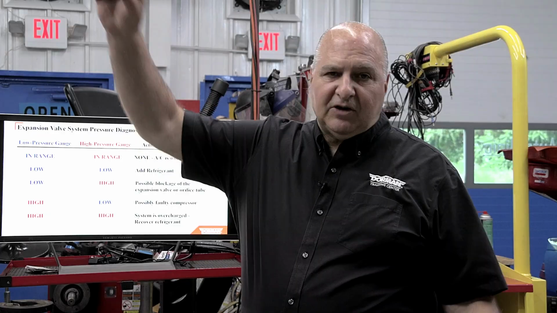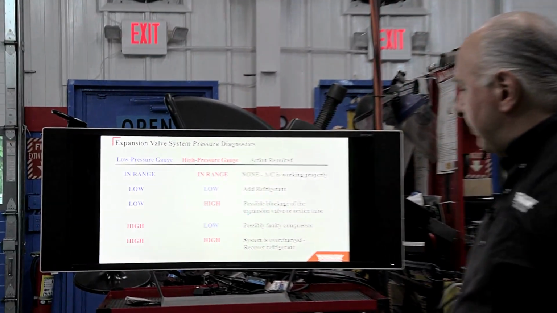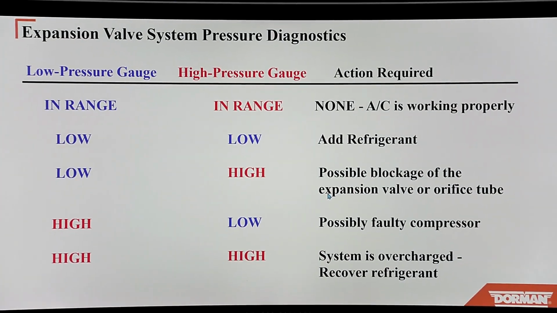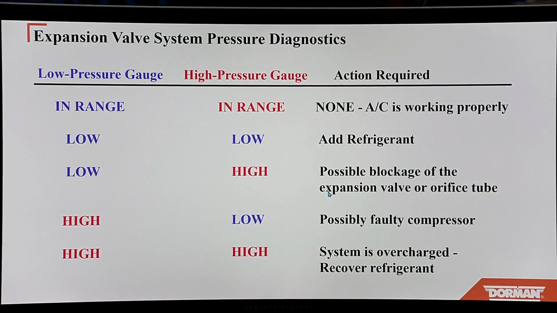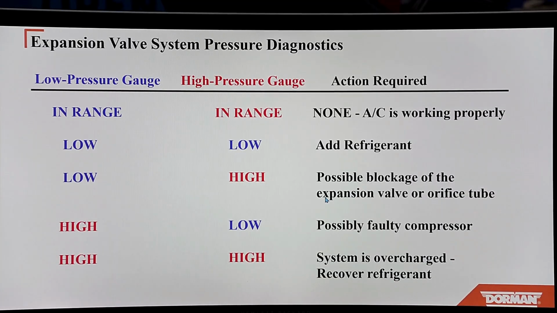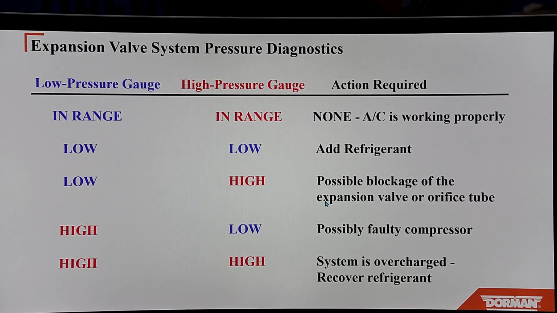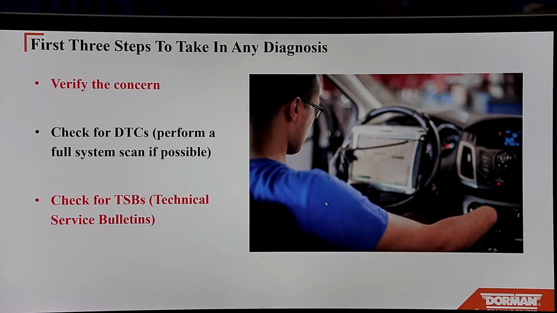If one side is different, lower, and the other's higher, you got an expansion valve or clog in a condenser, receiver dryer, evaporator, whatever. If the low side is high and the high side is low, possible faulty compressor. If both sides are high, system's overcharged, recover refrigerant.